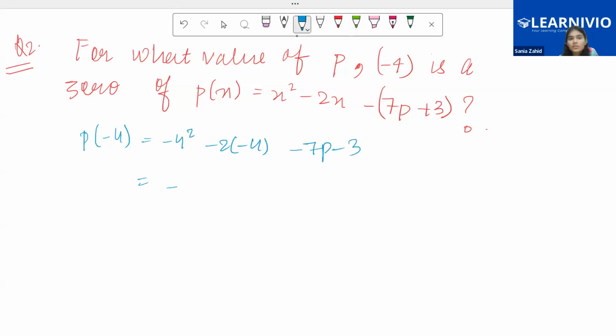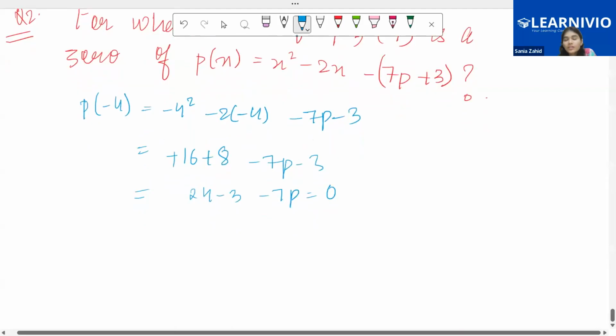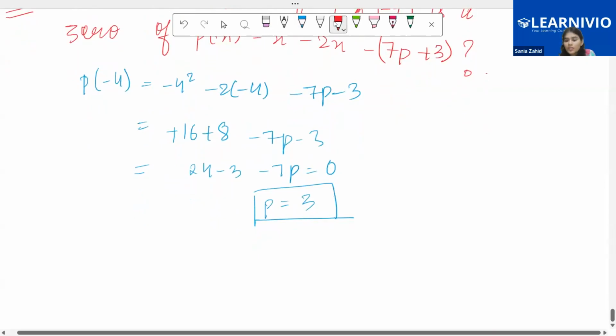So it is plus 16, plus 8, minus 7p, minus 3. So you get 24 minus 3 minus 7p is 0. So 24 minus 3 is 21. So 21 is 7p and P is then 3. The value for P is 3. You're getting 3 only.